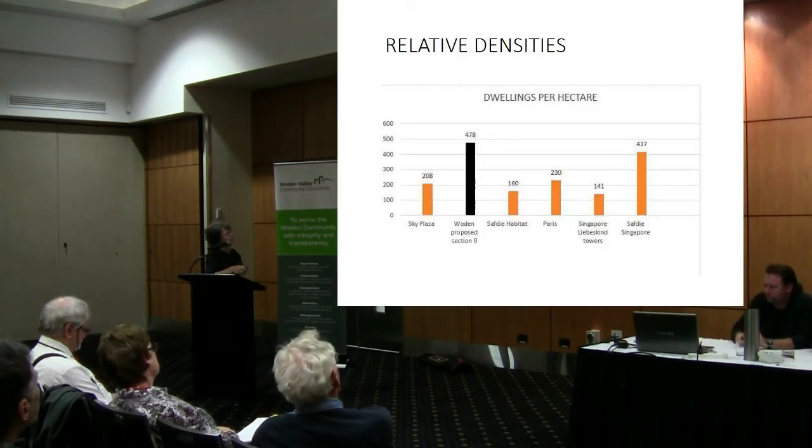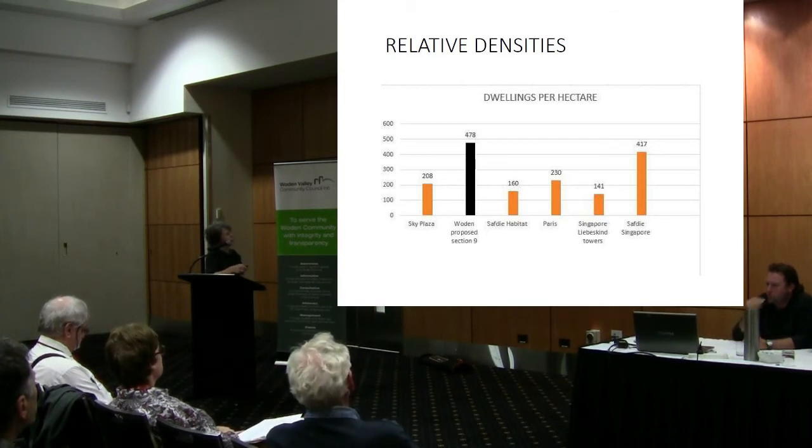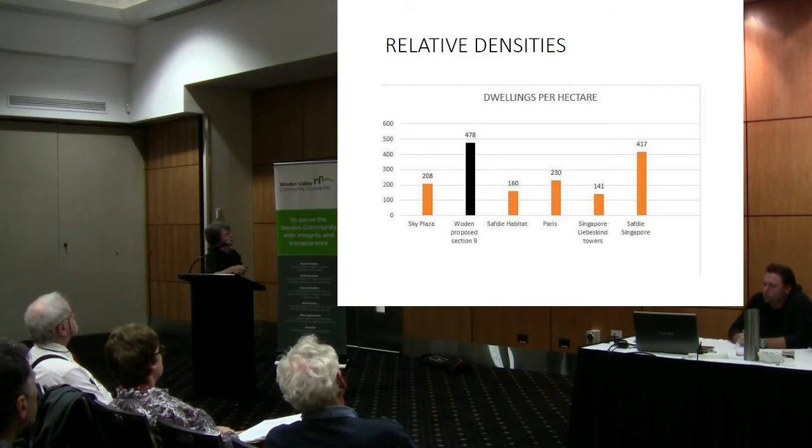Looking at relative densities, the Sky Plaza is 208 dwellings per hectare. Some of Paris is 230, as I said. The Habitat building, the 1967 one that I showed before, has got 160 dwellings per hectare.